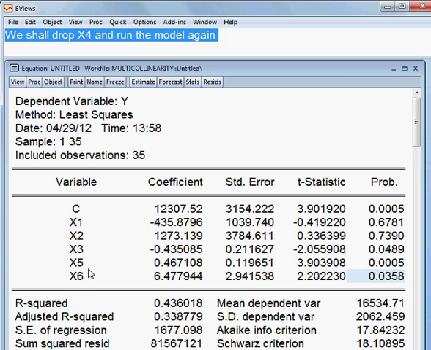Last time only one variable was significant, but now three variables have become significant because the problem of multicollinearity has been removed.